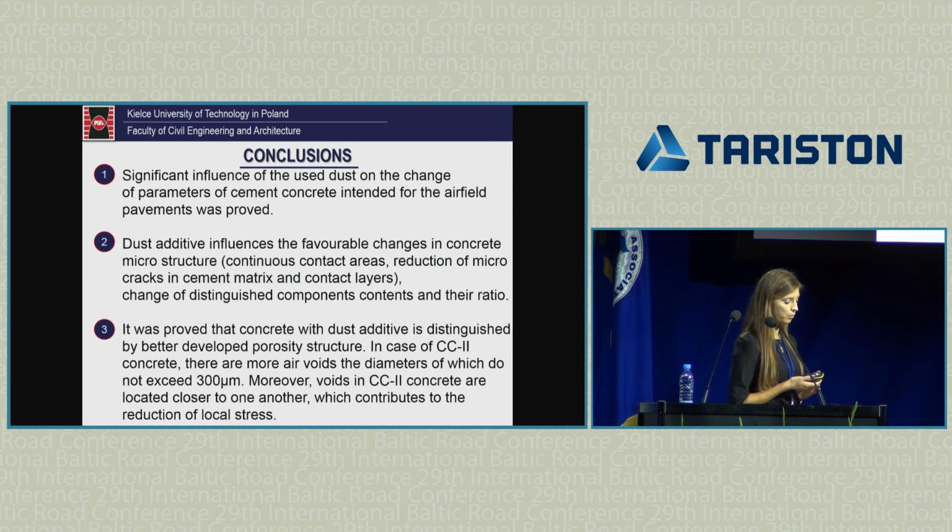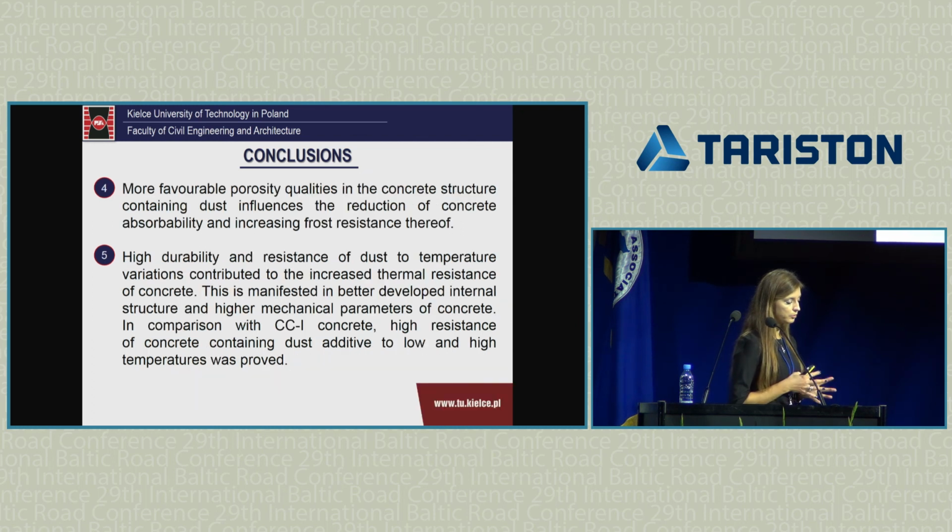There are more air voids, the diameters of which do not exceed 300 micrometers, and a more favorable porosity quality in the concrete structure containing dust influences the reduction of concrete absorbability and increases its frost resistance. High durability and resistance of dust to temperature variations contributed to the increased thermal resistance of concrete.